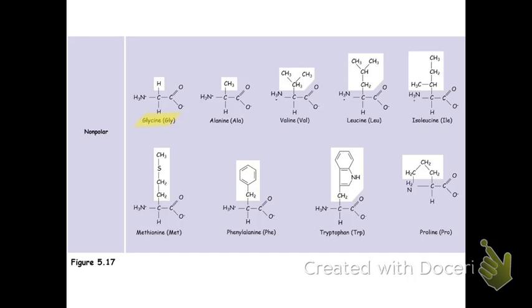And in fact, if you have your data packet, you might want to pause this and get that out right now, because we're going to be looking at it a little bit. Again, that's table 19, page 17 in the data packet. They also give you the 3-letter abbreviation here, which is nice because we're going to use the 3-letter abbreviation and symbol as we begin to build proteins.